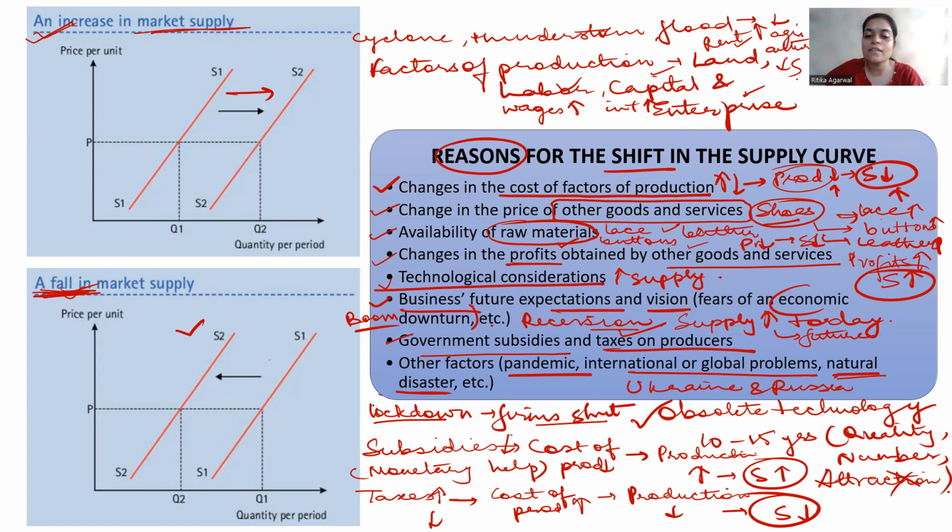So in natural disaster, very generally, the agriculture sector is impacted adversely, because agriculture sector needs open air, open space to be done. So I hope the supply component is clear to everybody, and the reasons are also clear.